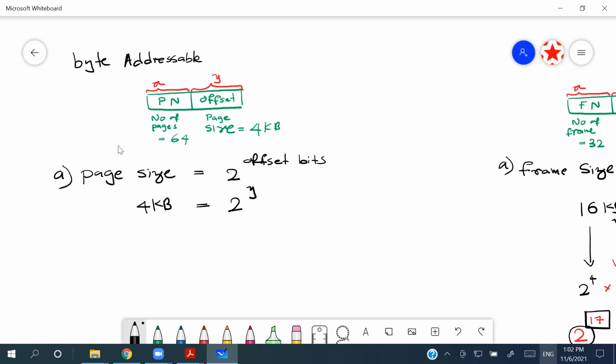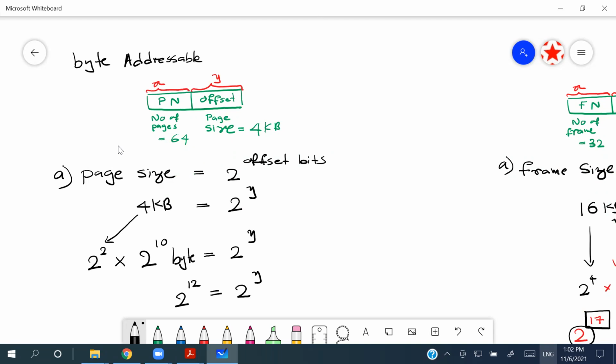So it's pretty easy, right? 4 is going to be considered as 2 to the power 2. And when the kilobyte converts into the byte, we need 2 to the power 10, right? So now this is in bytes. So it's 2 to the power y. So that means 2 to the power 12 equals 2 to the power y.